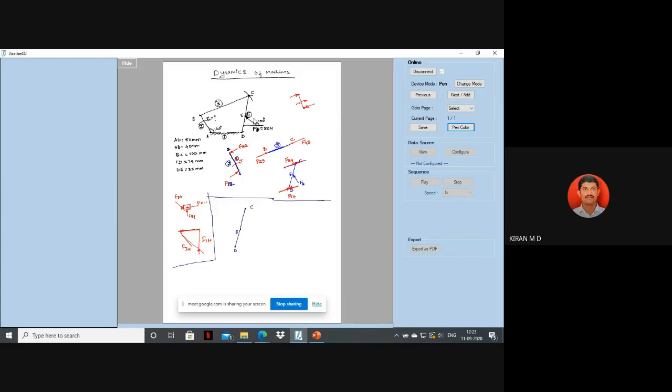Then we know the direction of this CB. What is this force? This is F34, correct? We know the F34 direction. You draw the line.